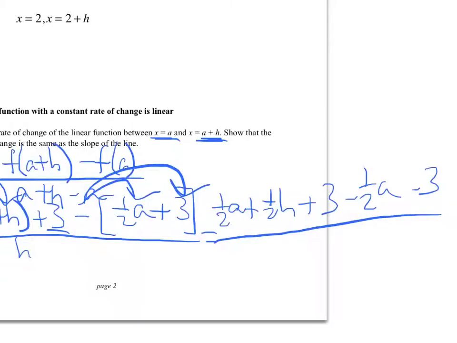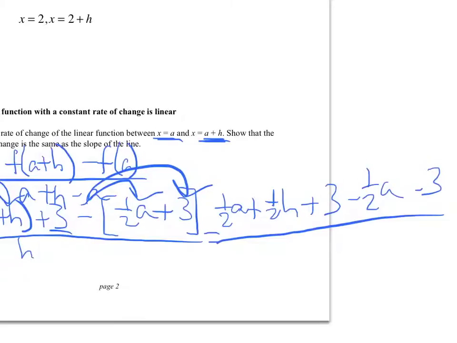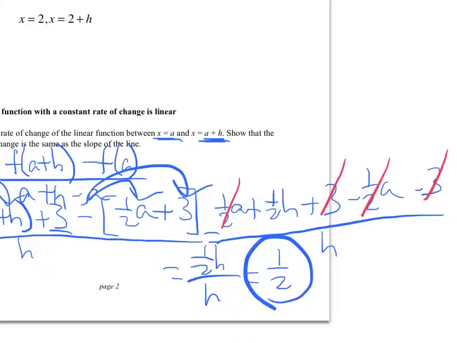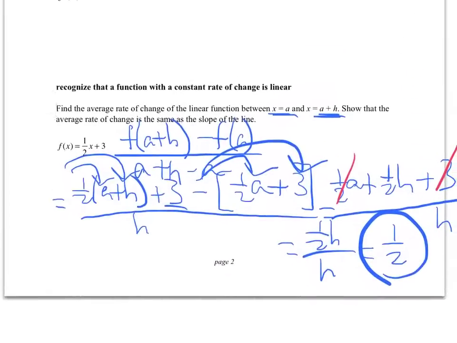And all that is over h. Now we have a 1/2 a here and a minus 1/2 a there. That adds up to 0. A plus 3 and a minus 3, that adds up to 0. And so that leaves us with 1/2 h over h, and the h's reduce, and so we finally end up with 1/2. So that was pretty cool.